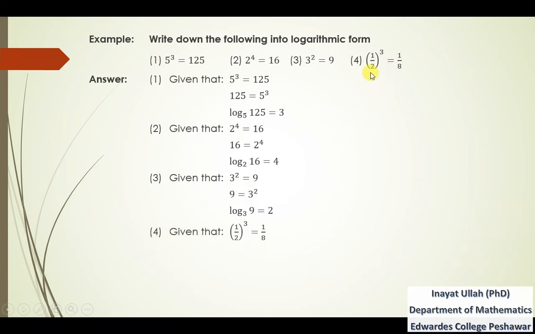Similarly, the last question, 1 by 2 whole cube is equal to 1 by 8. Rewriting this equation in this fashion, and now convert this into log form. So that will become log to the base 1 by 2, 1 by 8 is equal to the power 3. So that's how we convert exponential forms into logarithmic forms.